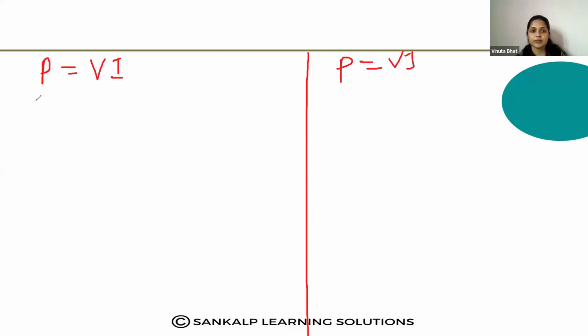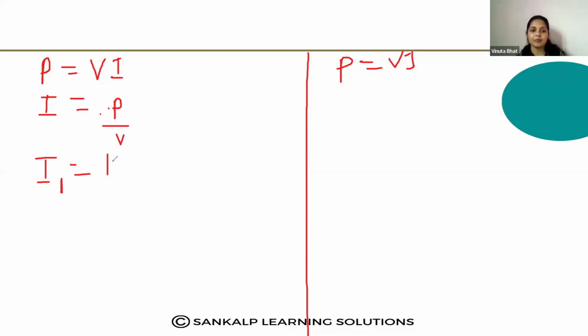Here already P is given. So you have to find out the I. I is equal to P by V. Okay. So I is equal to, what is the value of P? Power, that is 100. I1 I will take.